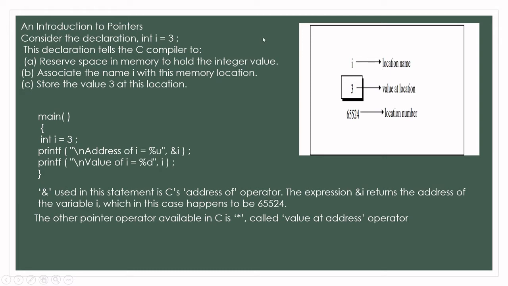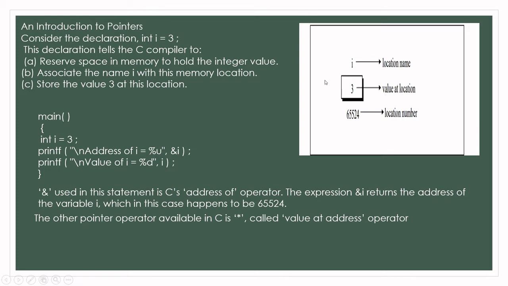So over here, there is an introduction to pointers. The value stored here is 3. When you declare i is equal to 3, this declaration tells the C compiler to reserve space in memory to hold an integer value.